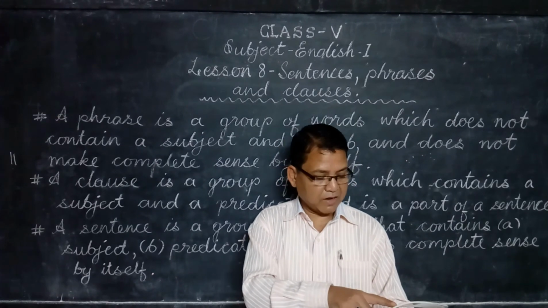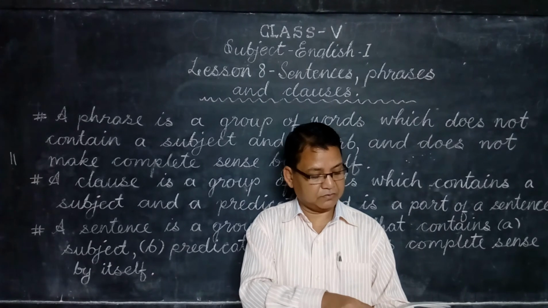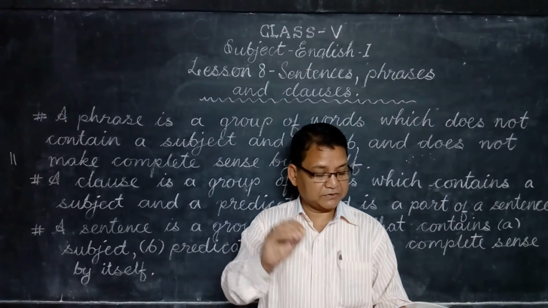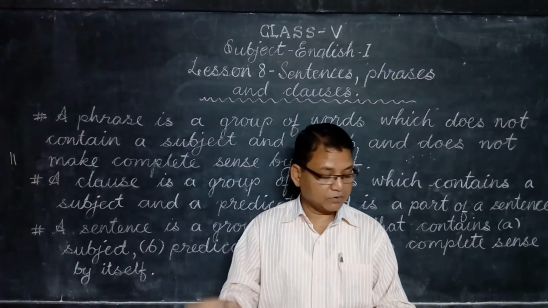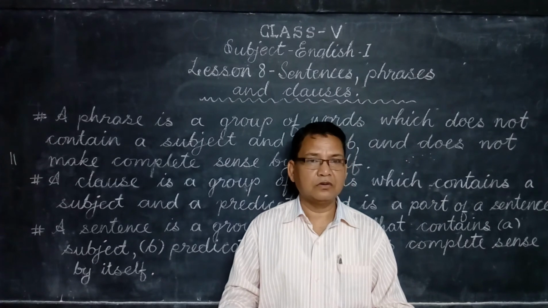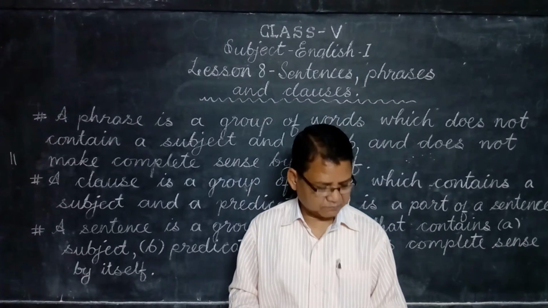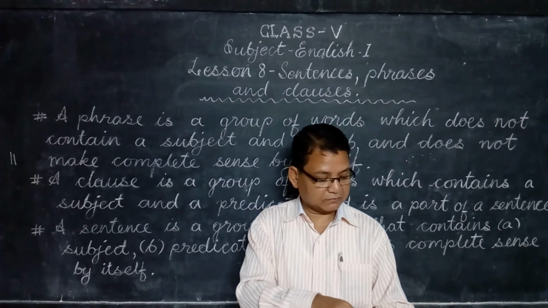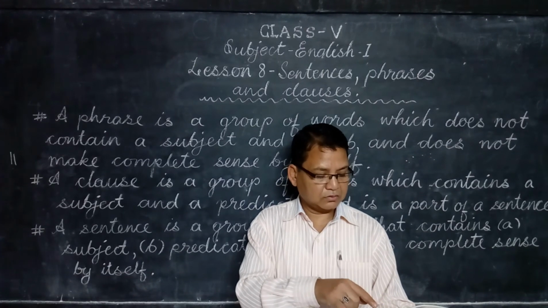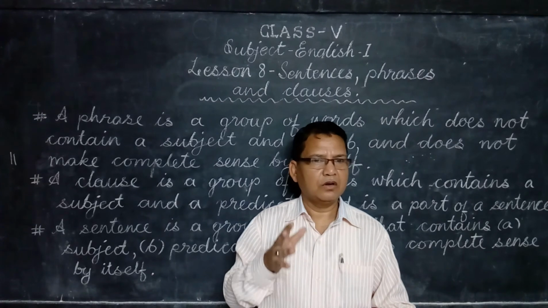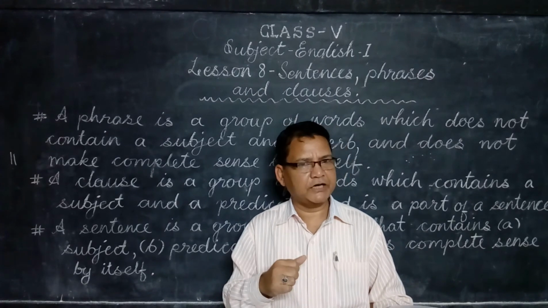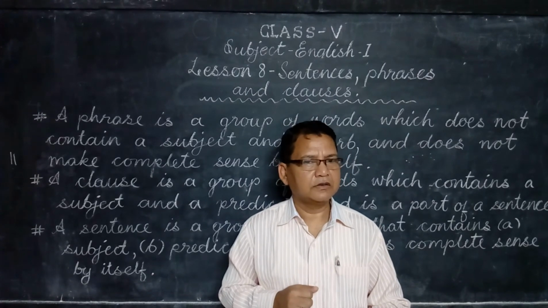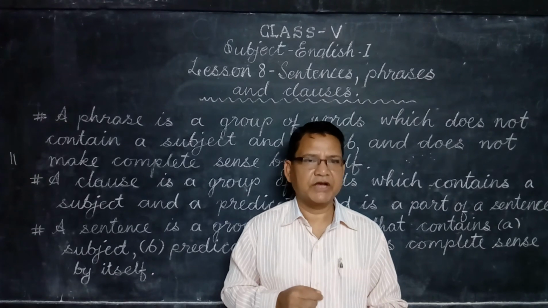Number two, the flowers all fresh and beautiful. All fresh and beautiful. What is all fresh and beautiful? We don't know. It is a phrase. My brother, a good football player, will play for the second game. Next. A good footballer. We are talking about somebody who is a good footballer. It is a clause. Okay?